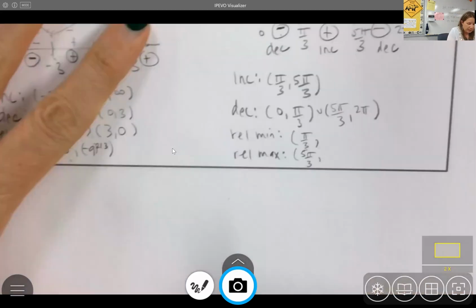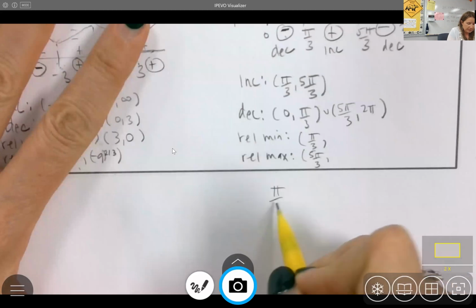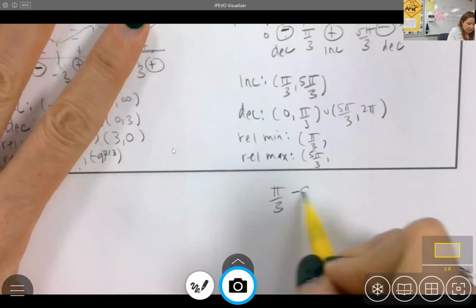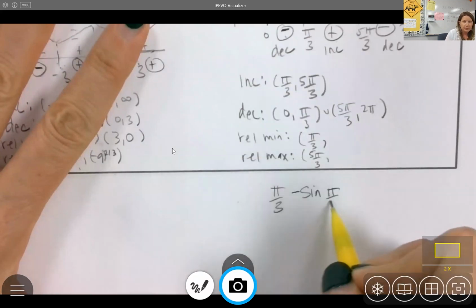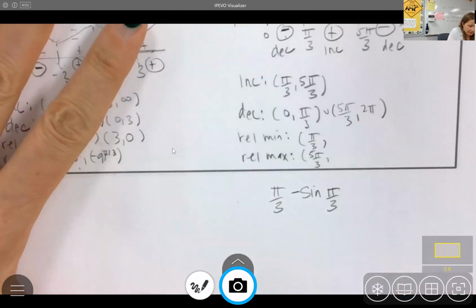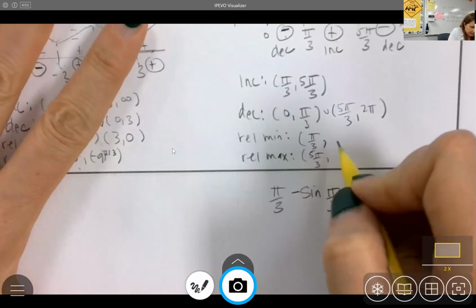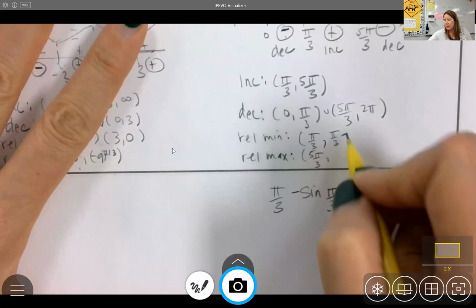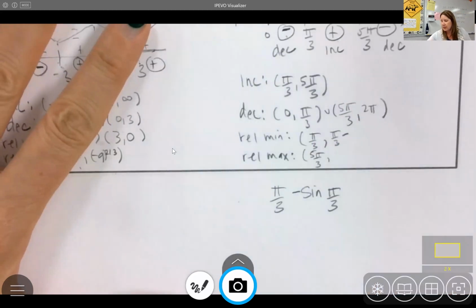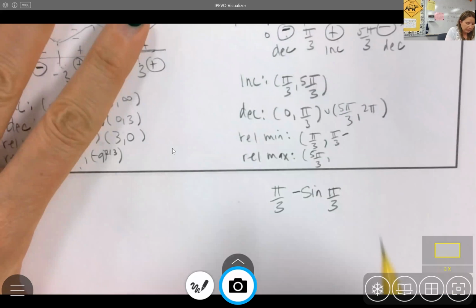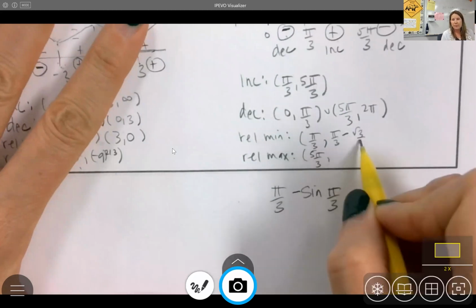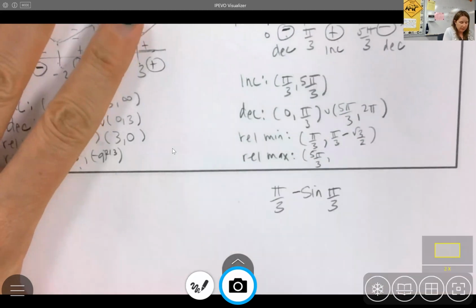So pi thirds minus the sine of pi thirds. The sine of pi thirds is, I'm going to give you a second to think about it. The sine of pi thirds. I know you got it. Root 3 over 2. So pi thirds minus root 3 over 2.